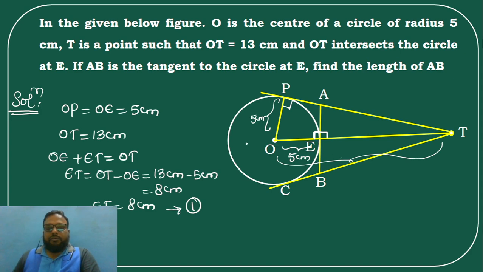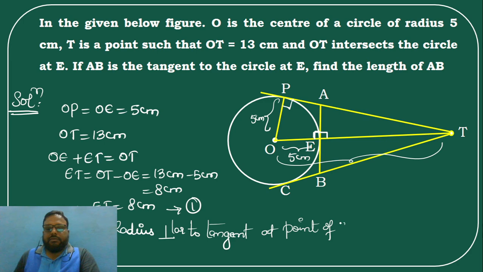So first we know that the radius is perpendicular to the tangent at the point of contact. So I can write angle OPT equal to 90 degrees. Similarly, angle OEA also is 90 degrees.